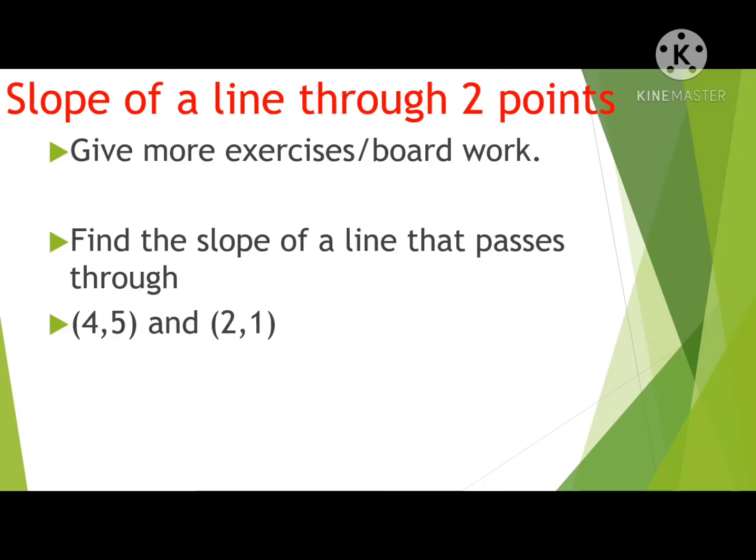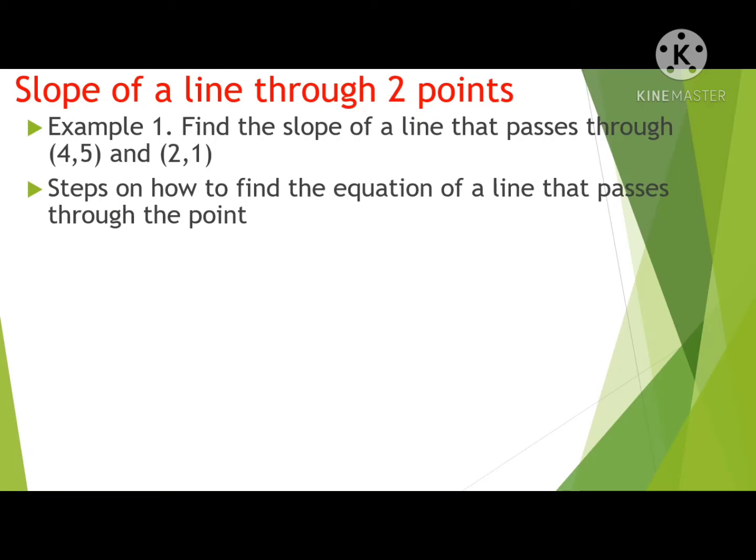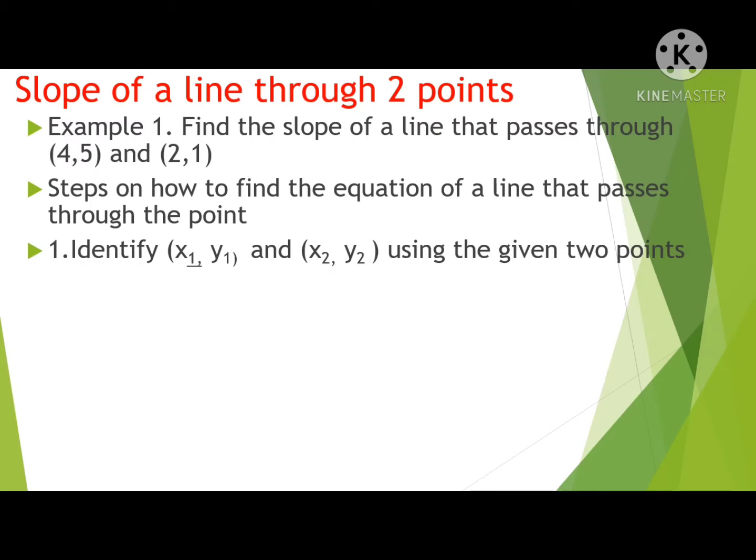Let us have more exercise on the board. Find the slope of a line that passes through two given points, (4, 5) and (2, 1). So, using the steps, first thing to do is to identify the x sub 1, y sub 1, x sub 2, y sub 2. So, we have x sub 1 is 4, y sub 1 is 5, x sub 2 is 2, y sub 2 is 1.